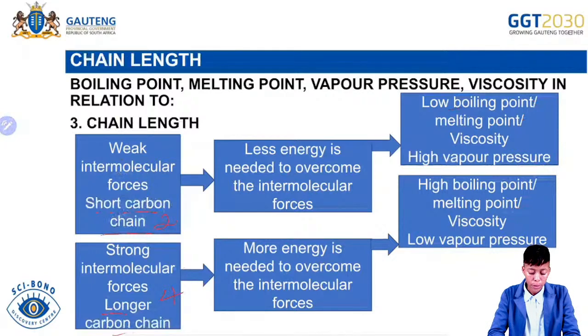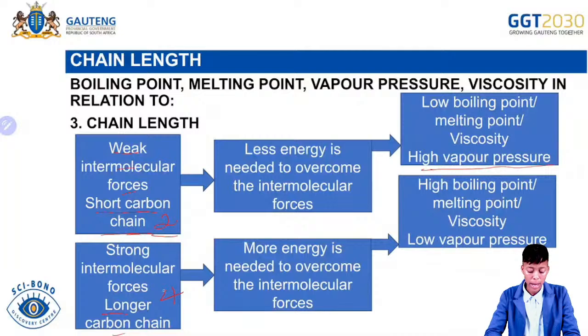If you have a short carbon chain, say 2 carbons, then you have weak intermolecular forces. If you have weak intermolecular forces, what does it mean? Less energy is required to overcome the intermolecular forces. So therefore, you'll have a low boiling point, melting point, and viscosity, but you'll have a higher vapor pressure.